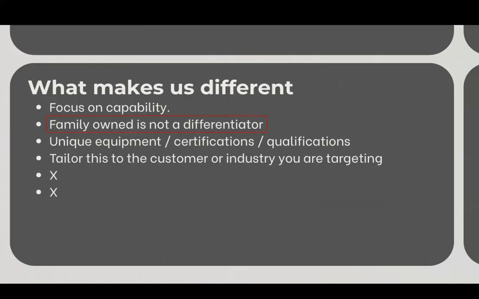But when you're looking at what makes us different, don't think so much about what makes you different as a bunch of humans. What makes you different in terms of the capability you provide? I've seen other things that people have thought provide points of difference, but don't.